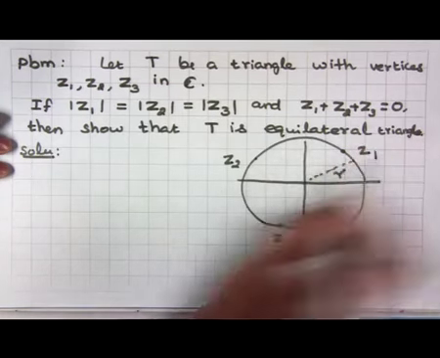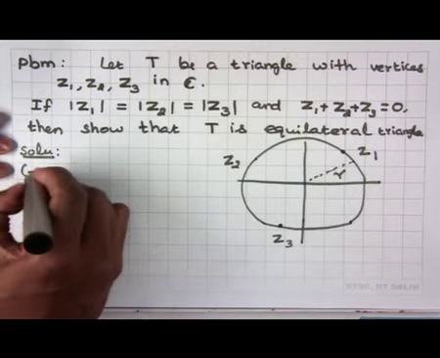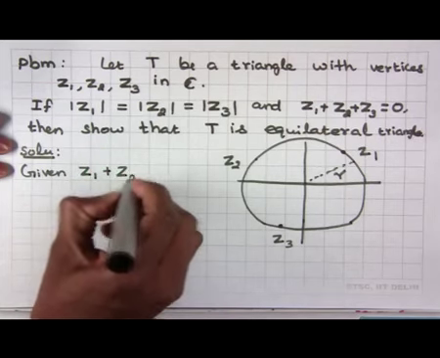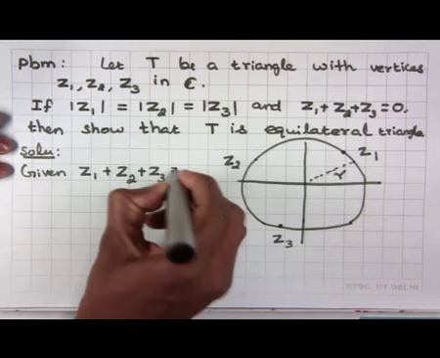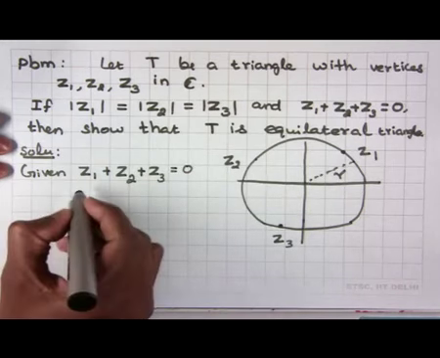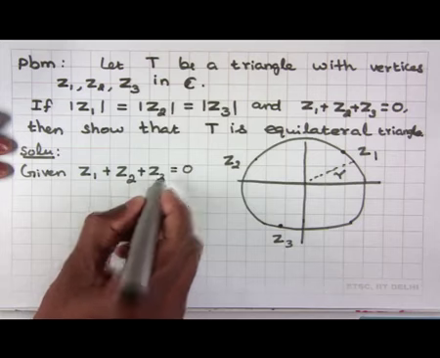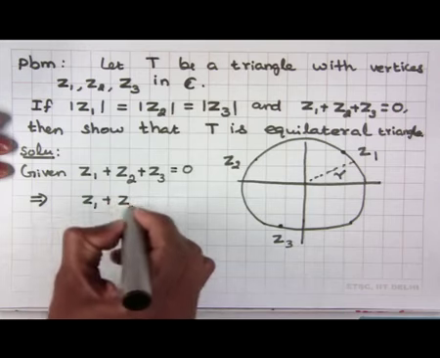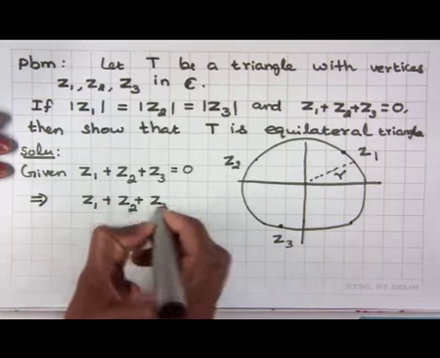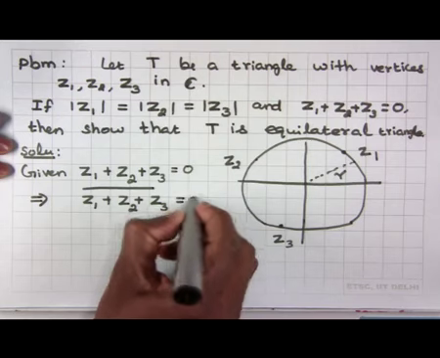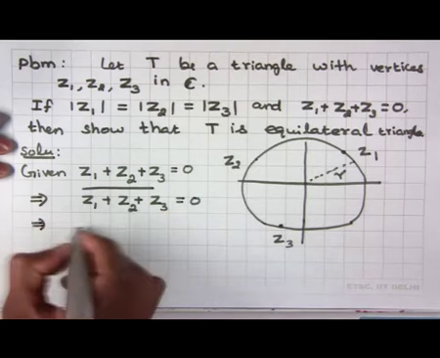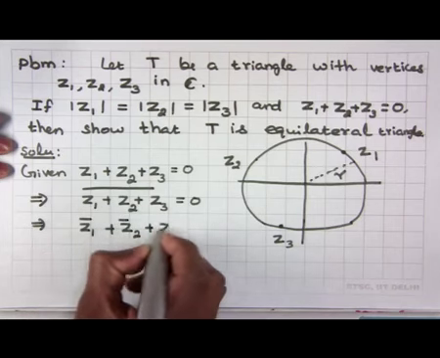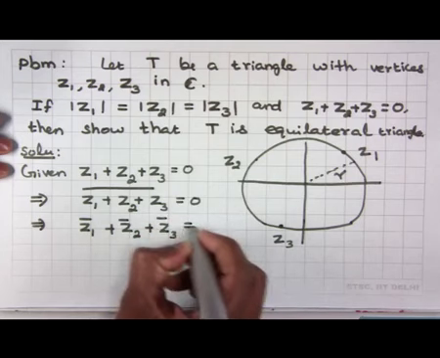From this equation, the sum of these 3 complex numbers is 0. If we take the conjugation, it still satisfies the same equation. So, taking the conjugation, it is still 0, and this implies that Z1 bar plus Z2 bar plus Z3 bar is equal to 0.